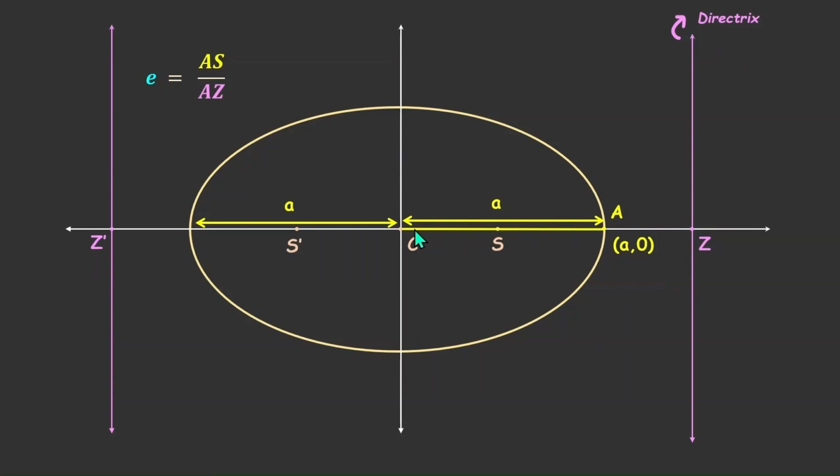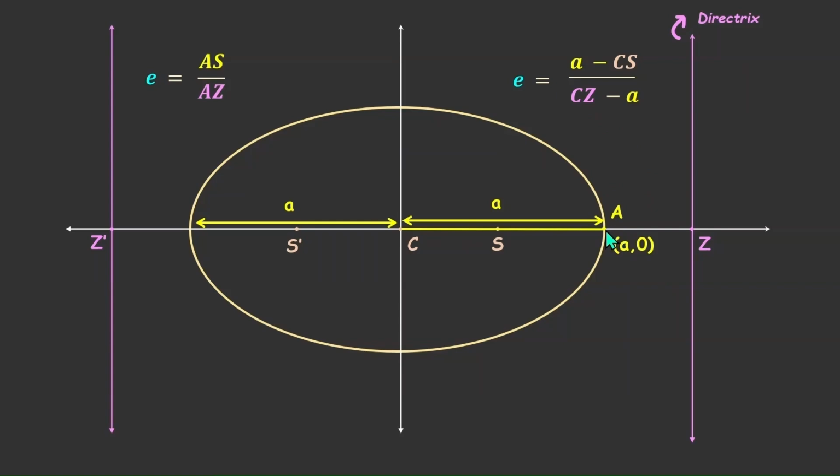That should be A minus CS. So our E is equal to (A minus CS) divided by, now this entire distance is CZ and this distance is A, so our AZ becomes CZ minus A. So that is the equation of eccentricity that we found for this point A.